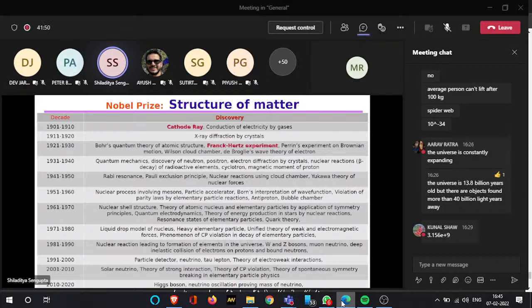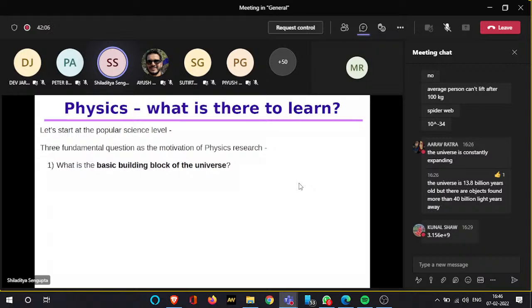And here I'm showing you a list, to give you a flavor of history. What I'm showing you are the different Nobel Prizes that were awarded related to this theme. And you can see there are plenty of them.